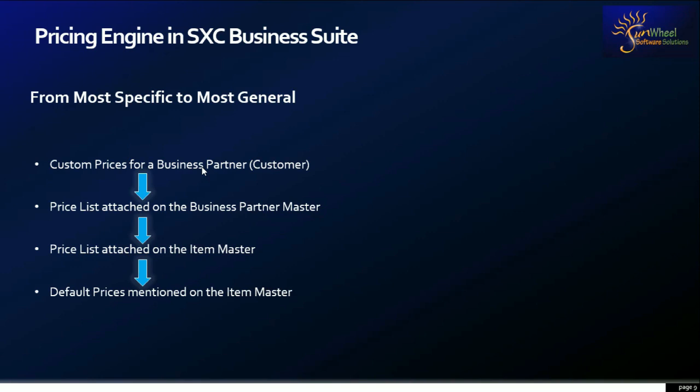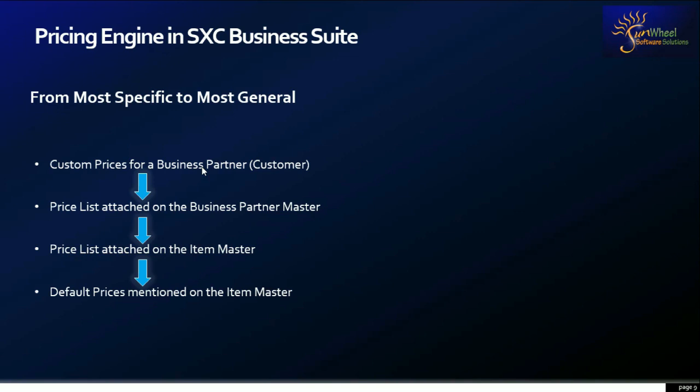If it doesn't find a price over there also, then it moves on and finds if there is a price list attached to the item master we are selling. And finally, if it doesn't find a price there also, then it uses the default price mentioned on the item master. So this is how the system fetches the price for an item while you are purchasing or selling.